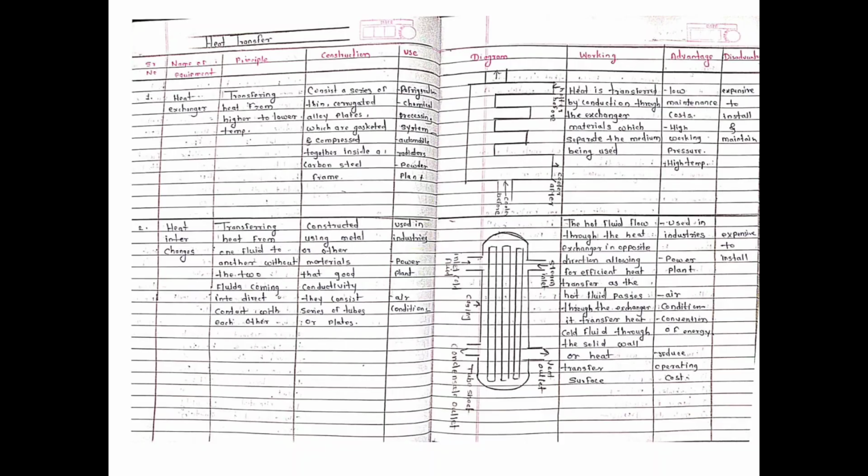A heat exchanger transfers heat from higher temperature to lower temperature, and a heat interchanger transfers heat from one fluid to another without the two fluids coming into direct contact with each other.